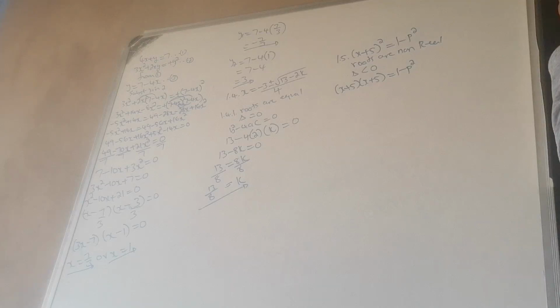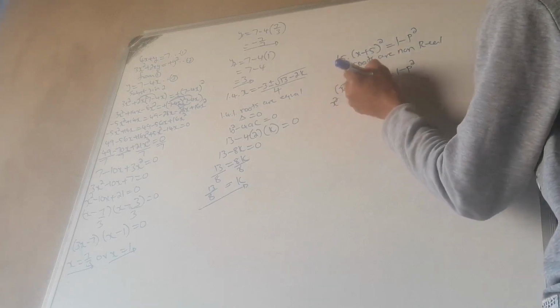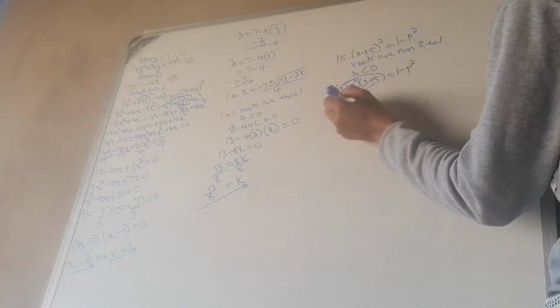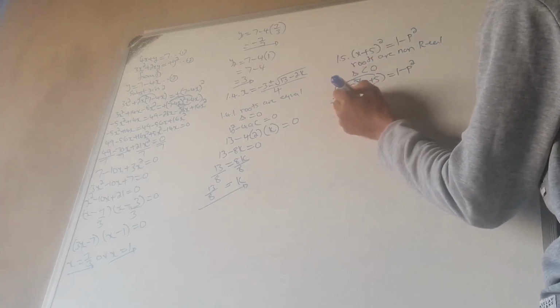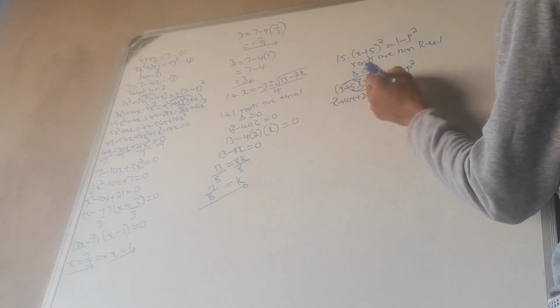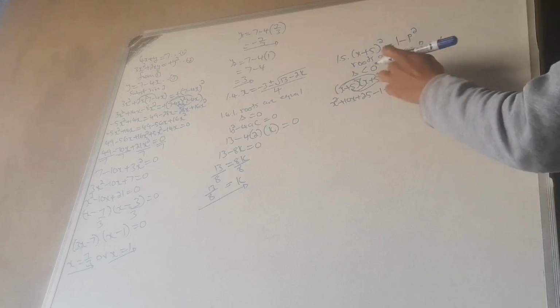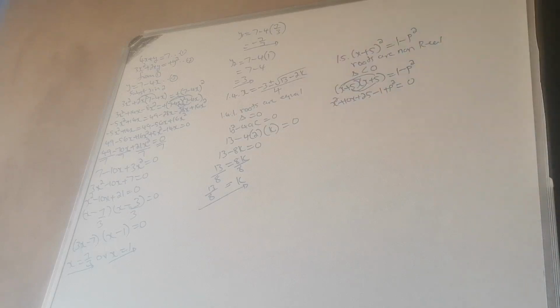What I will do, I will have my x squared plus 5x, which is 10x plus 25, minus 1 plus p squared equals 0. I have taken these two to the other side.